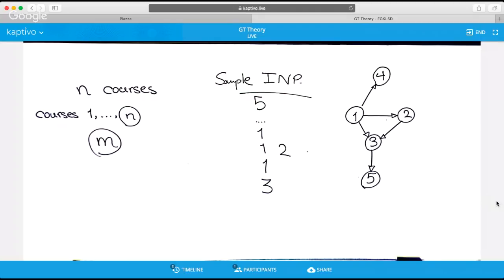Time complexity should be expressed in the parameters that you assume define the size of the input given to your algorithm. For example, the way I expressed it here, I assume that there are n courses and there are m prerequisite relations in total.